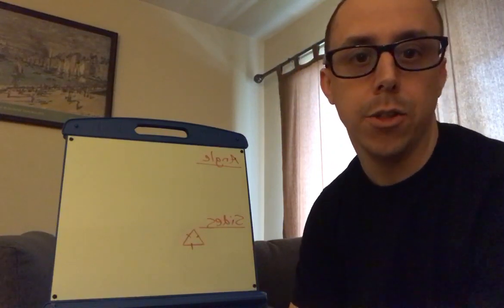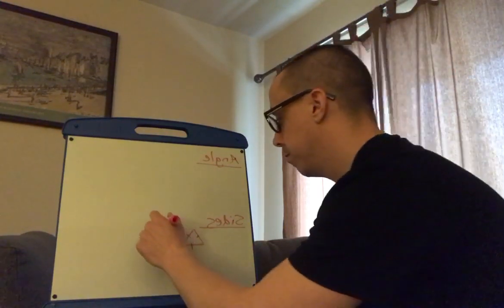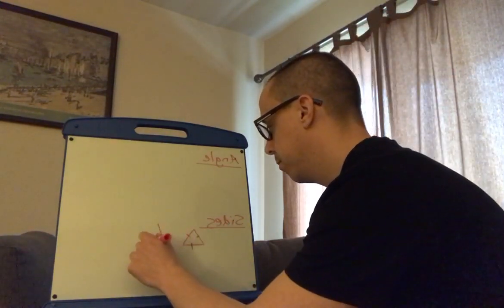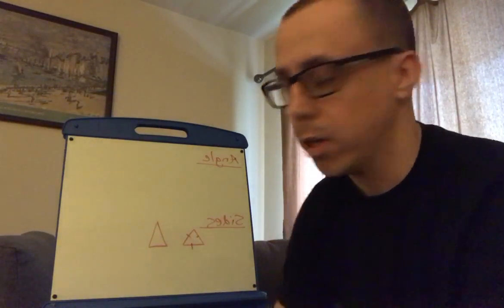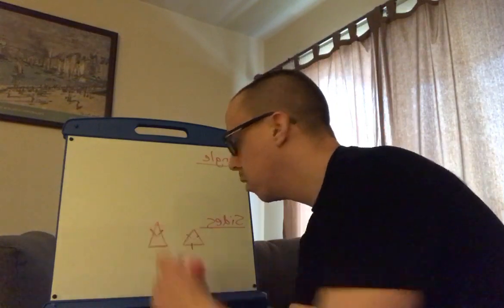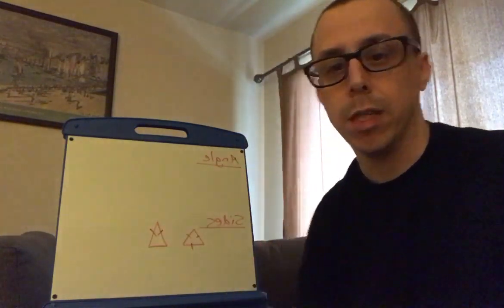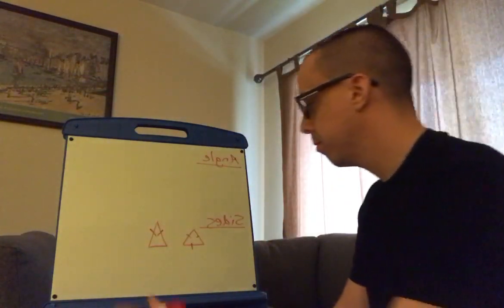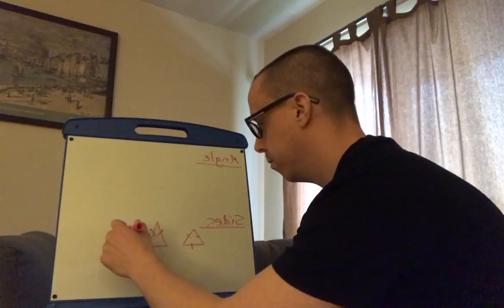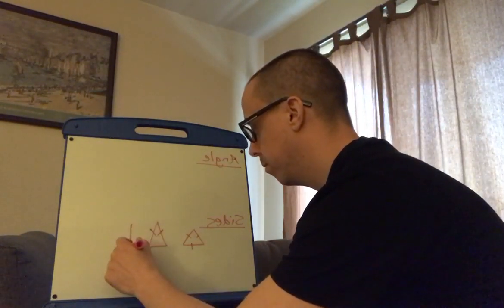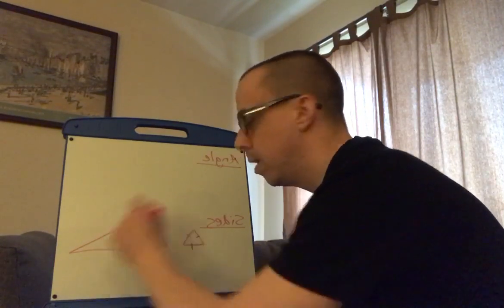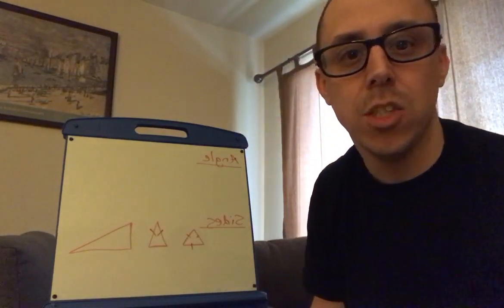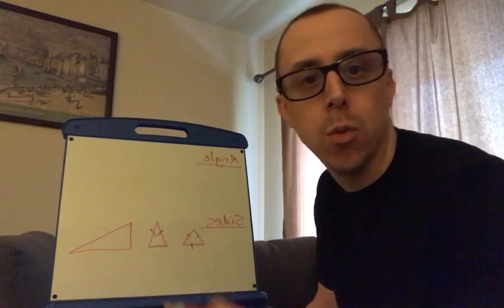All 3 sides are equal. Next we have an isosceles triangle. Only 2 sides are equal. Finally, we have a scalene triangle. There are no equal sides.